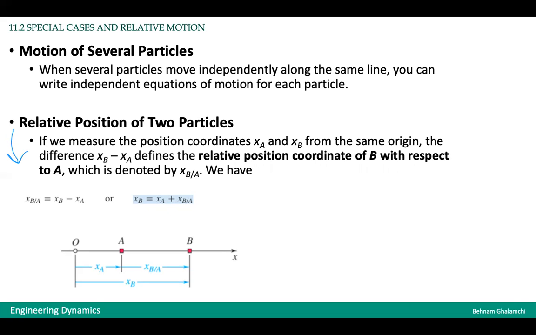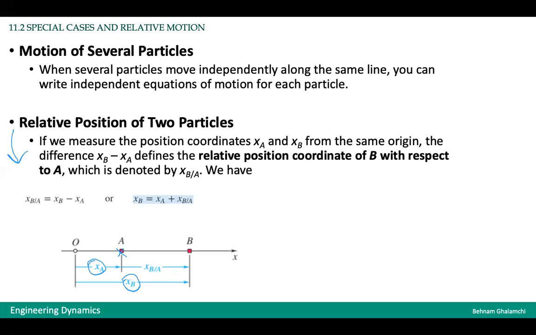For example, if the position of particle A is XA, and the position of particle B is XB, what is the relative position of particle B with respect to A?